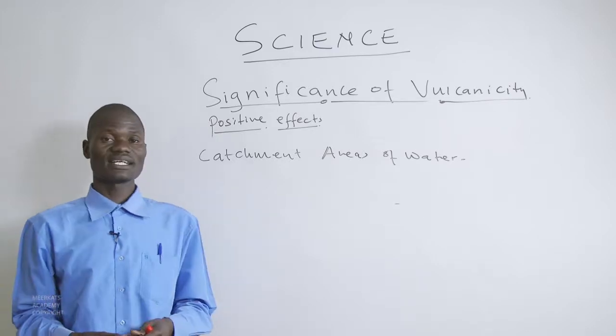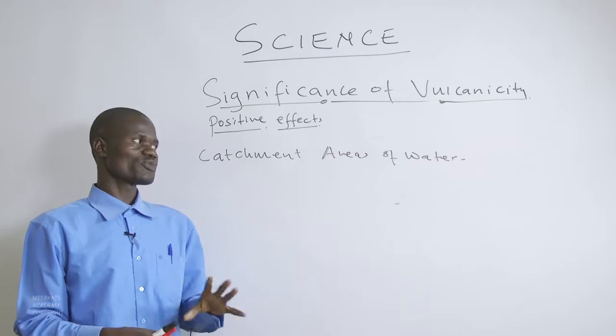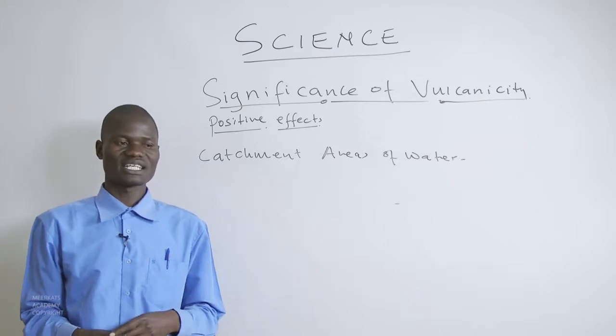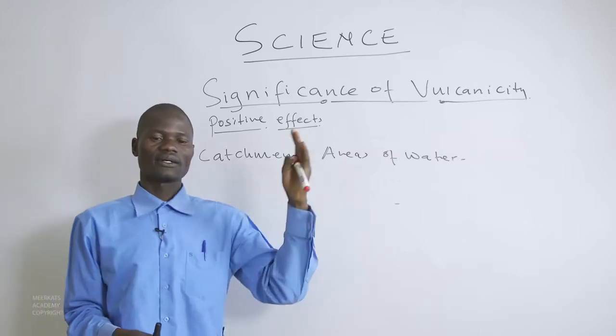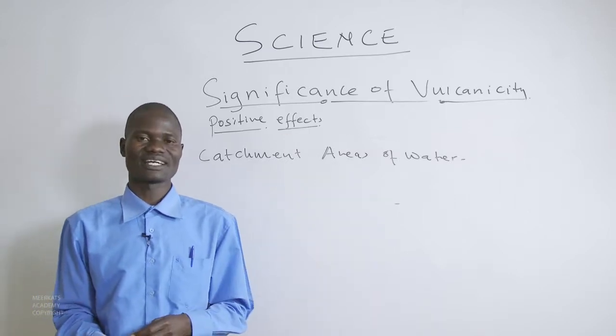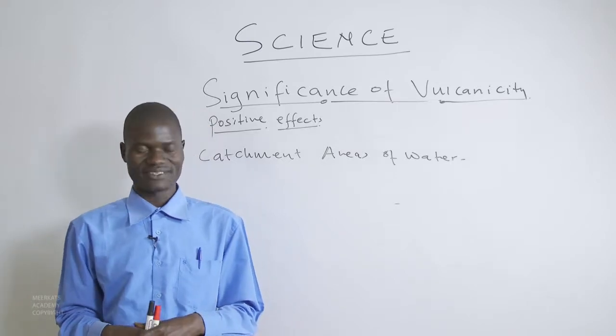The catchment areas of water sources, mostly water catchment regions, originate in highlands. You will find that on the windward slopes of the volcanic mountains, there is plenty of rainfall.